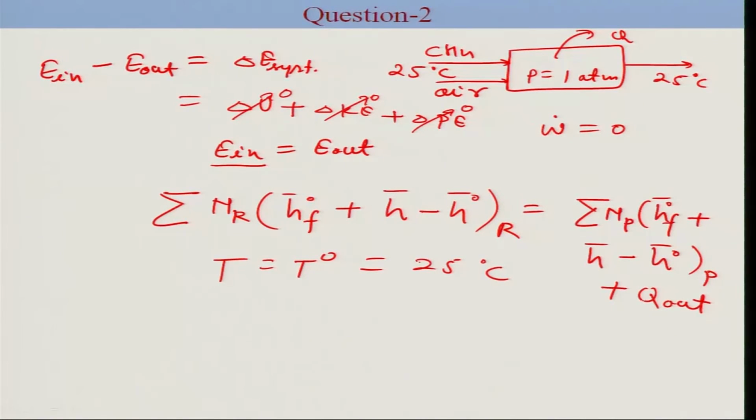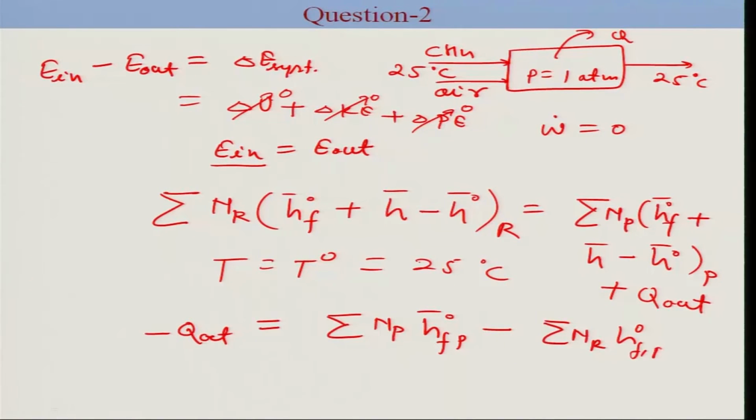So, after solving and rearranging, we get Q out equal to number of moles of product times enthalpy of formation of product minus number of moles of reactant times enthalpy of formation of reactant, because the other terms will be 0 since working temperature and reference temperature are the same.